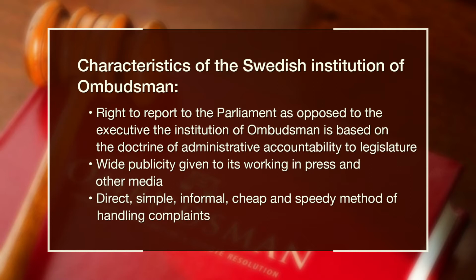The institution of Ombudsman is based on the doctrine of administrative accountability to legislature. Wide publicity given to its working in press and other media. Direct, simple, informal, cheap and speedy method of handling complaints.